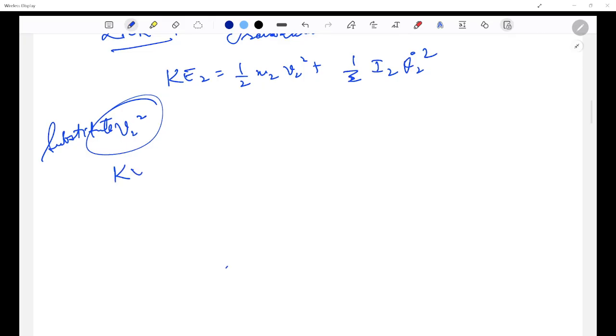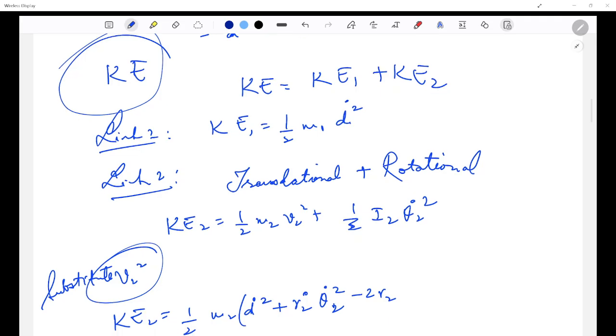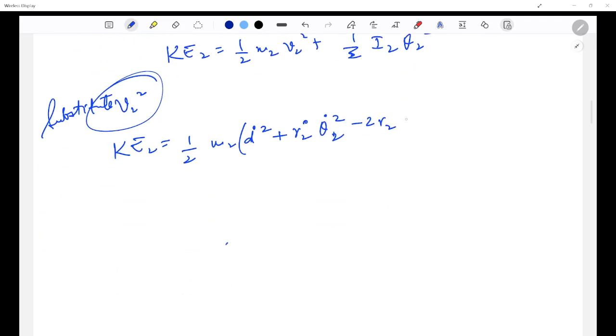So your KE2 becomes half m2 (d dot square plus r2 square theta 2 dot square minus 2 r2 d dot sine theta 2 into theta 2 dot) plus half I2 theta 2 dot square.